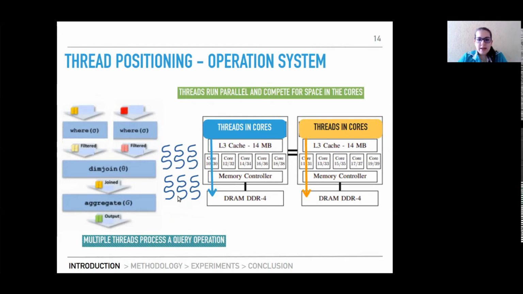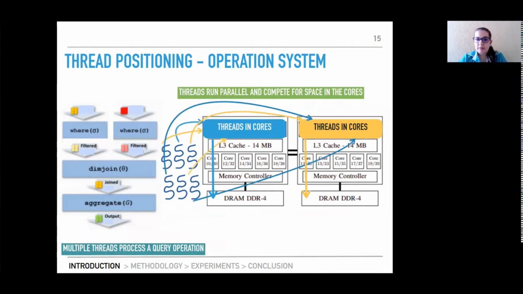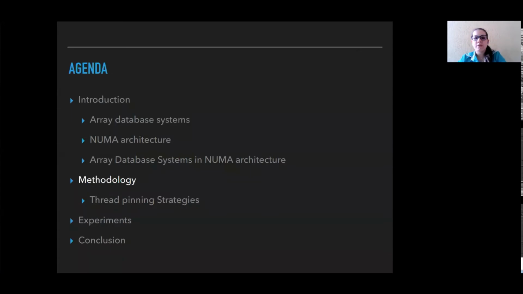The OS distributes threads in the available cores. The OS does not consider the latency cost or whether there are remote accesses. Also, the OS does not know the database operations' characteristics to decide the best thread pinning. Observing this behavior, we analyze the impact of the new architecture on an array database.